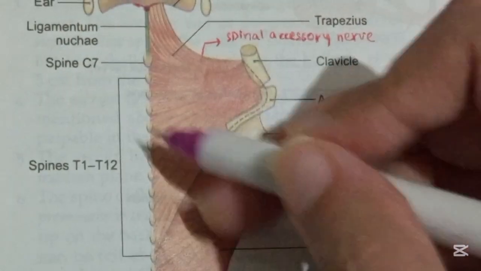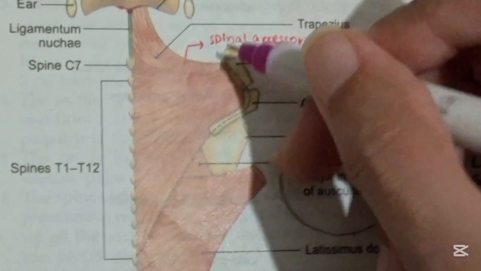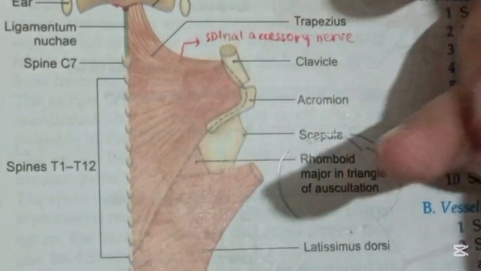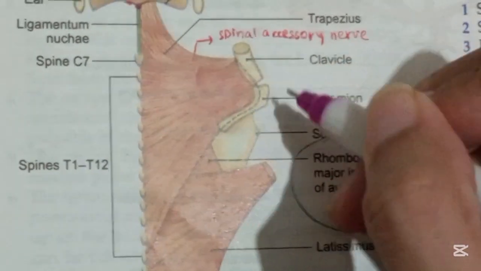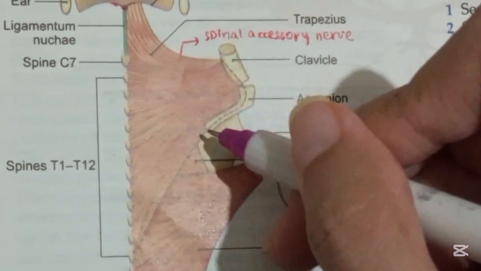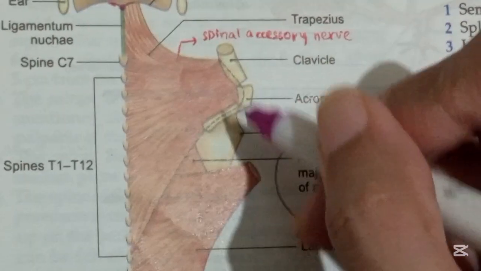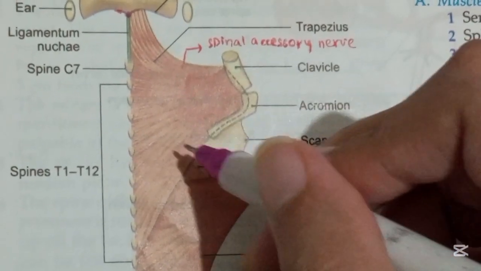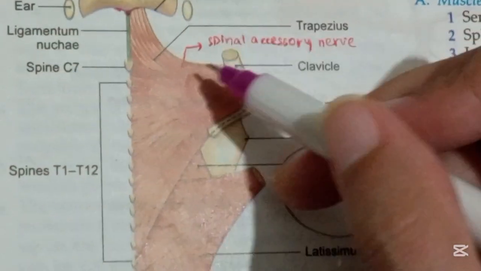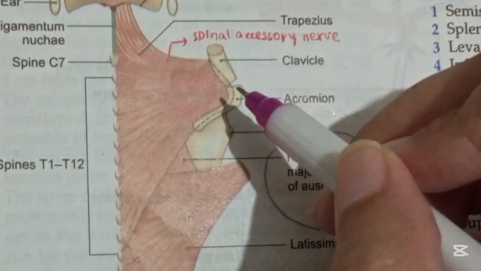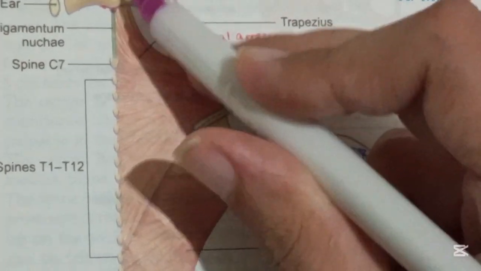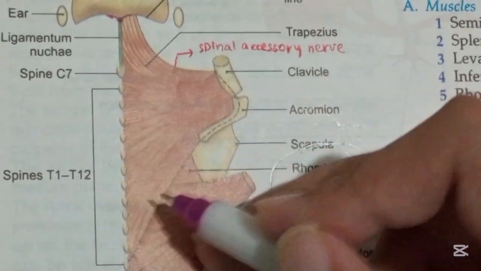Okay, and its insertion is, this is your clavicle. Here will be the medial part that is not shown in this diagram, and this is your lateral part of the clavicle. This is acromion process of the scapula, and this is spine of scapula. So its insertion is in the clavicle, acromion, and spine of scapula, and its nerve supply is from spinal accessory nerve, and its function is, these are the descending fibers, these are the ascending fibers.